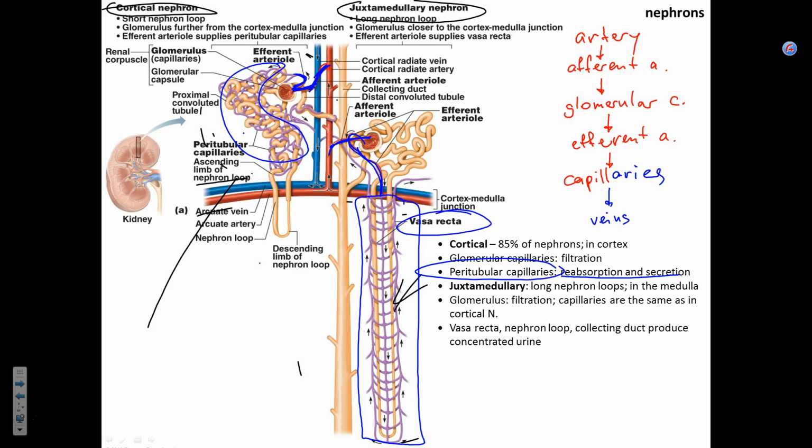Now, the word vasa, what does it refer to? Vasa. Vessels. Yeah, vessels. Okay? Veins are vessels. Recta. Muscle system, AP1. Rectus muscles. It's not a special term. It's geometric orientation. Rectus femoris, rectus abdominis.